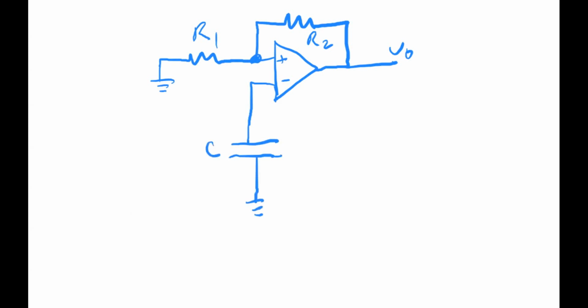So for the nonlinear RC oscillator that we discussed, the one that looked like this, the out, and this is R2. And then we had R1, and the RC on an R.